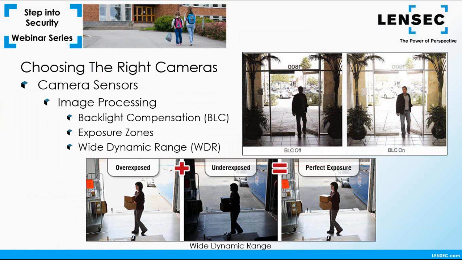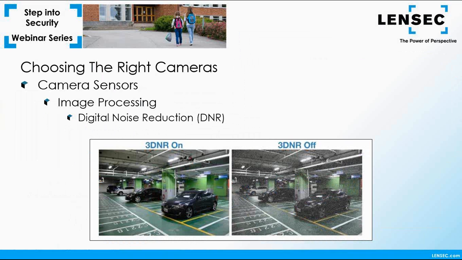Wide dynamic range solves this by applying techniques such as using different exposures for different objects in the scene. That enables objects both in the bright and dark areas to be visible, achieving a better exposure overall.